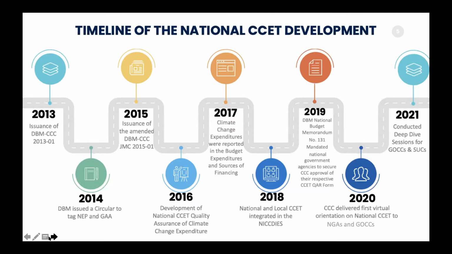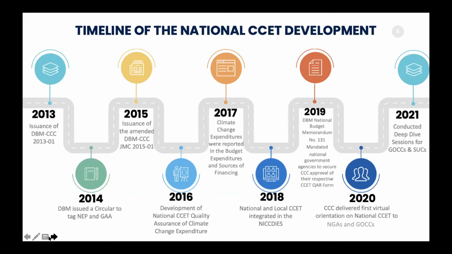But in order for DBM and CCC, particularly the CCC, to evaluate whether or not this particular climate tag PAP really addresses climate change and provides climate change adaptation or mitigation programs, they need to explain it using the QAR form. So we developed the QAR form in 2016.